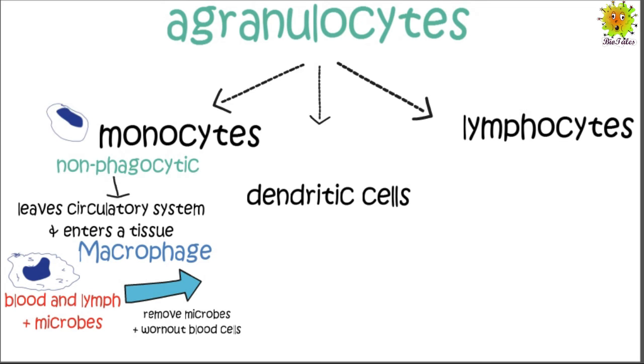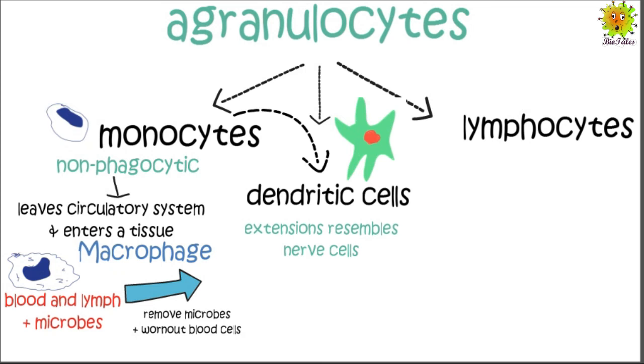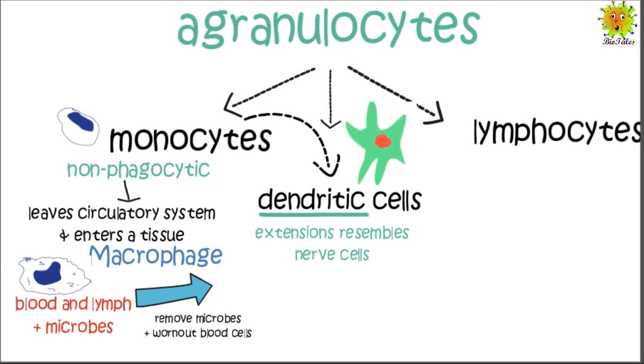Another type of agranulocytic cells are dendritic cells. It is believed that dendritic cells are derived from monocytes. They have long extensions that resemble the dendrites of nerve cells. That's why they are named dendritic. These dendritic cells are found in enormous numbers in the epidermis of skin, mucous membrane, thymus, and lymph nodes.